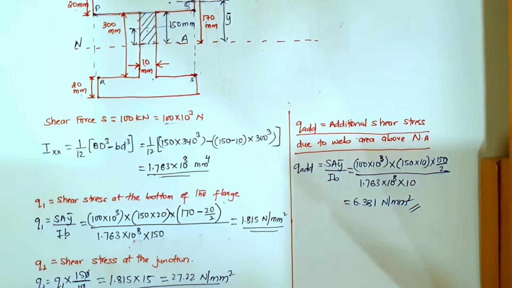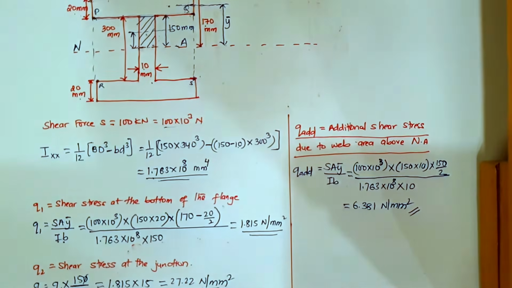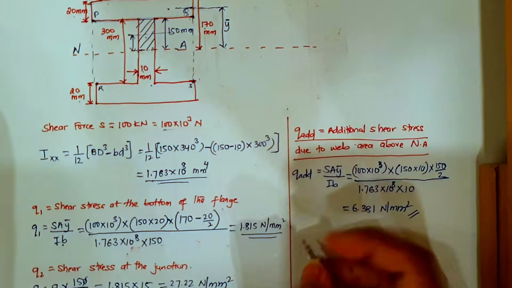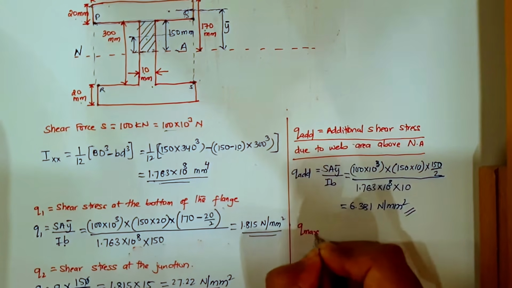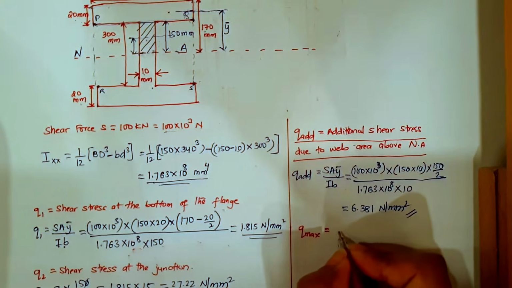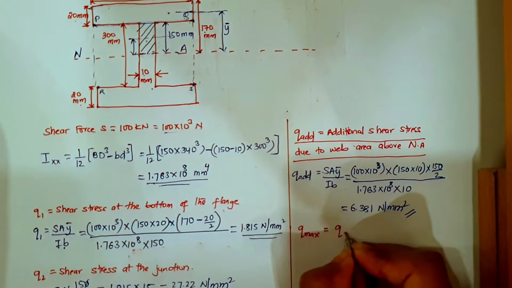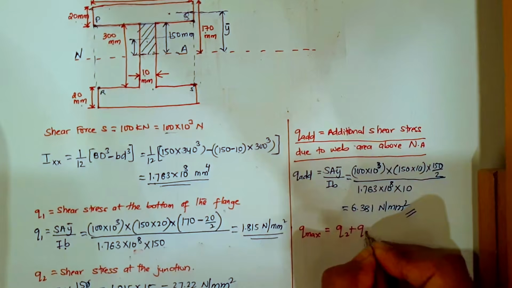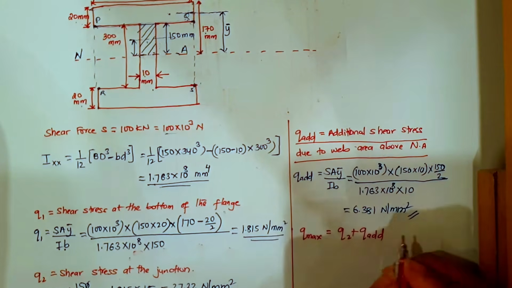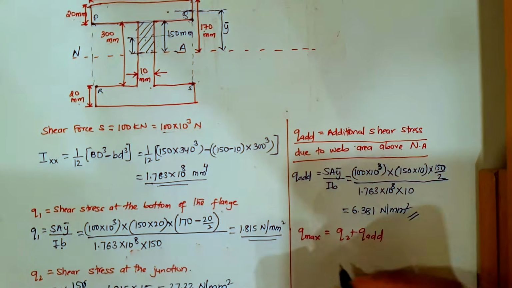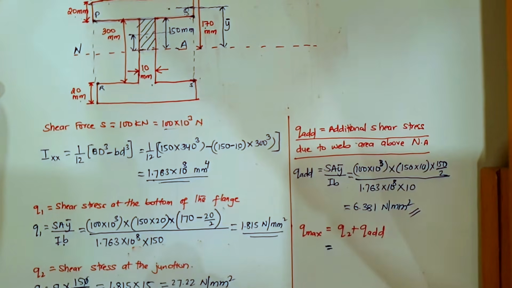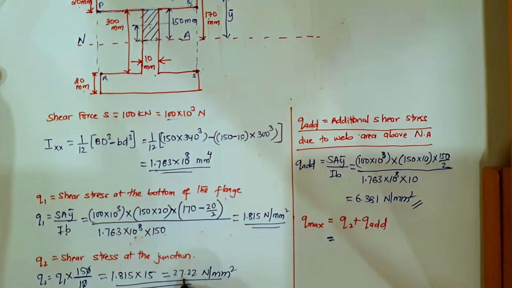Now let's find Q max. So now maximum shear stress, which is Q max, will be equal to Q2 plus Q add. This is the formula. Now from here, how much did we get Q2? Q2 came 27.22.